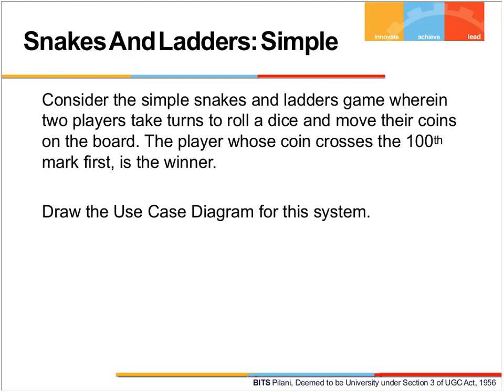Okay. You are telling me snakes, ladders, dice, coin. These are the domain objects, right? Domain concepts that we identified. What are the use cases? So the use cases are roll the dice.